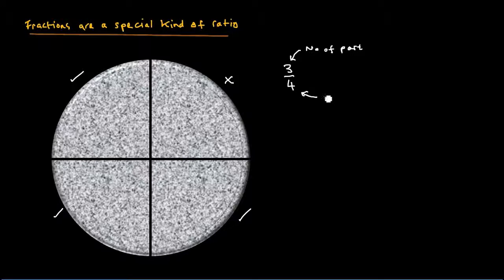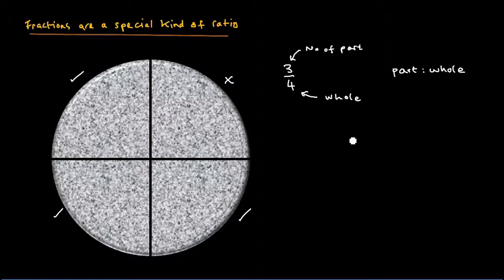And this 4 here is telling us how many of those parts make up the whole. So 4 parts to make the whole and 3 parts to make the size of the fraction. So I hope that makes sense. That's a special kind of ratio. It's a ratio we call a part to whole ratio.